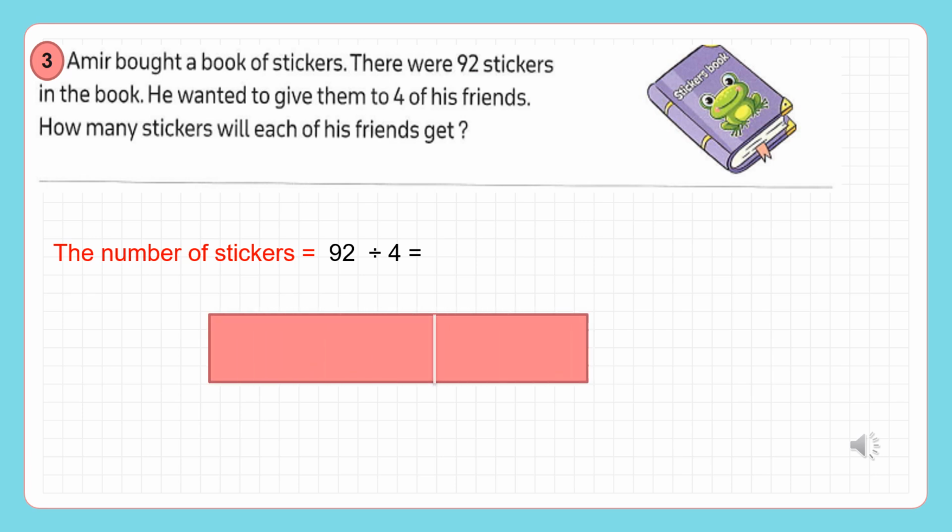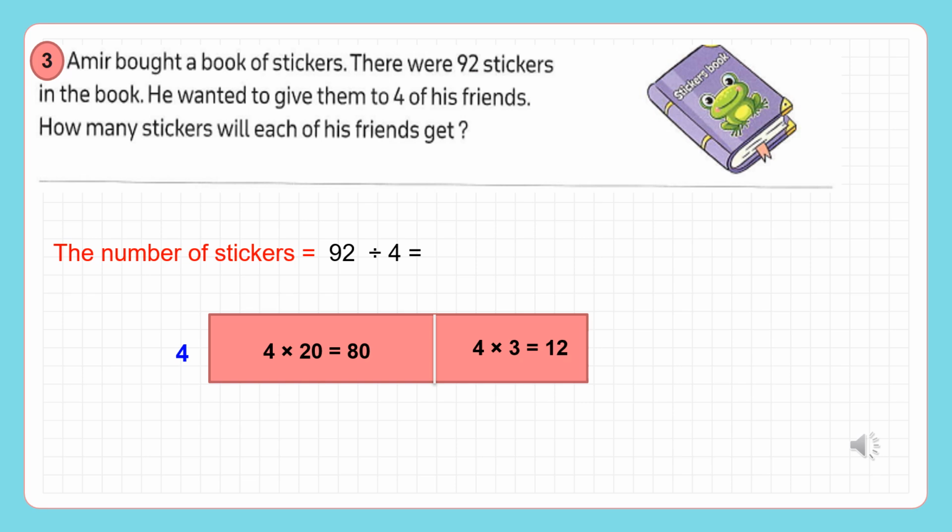We put it on the left side and then we need to think 92. It will be what plus what that can be divisible by 4. So we can cut it to be 80 first. So we think 4 times what to be 80? 4 times 20. Then we have now 92 to be 12, the second part.